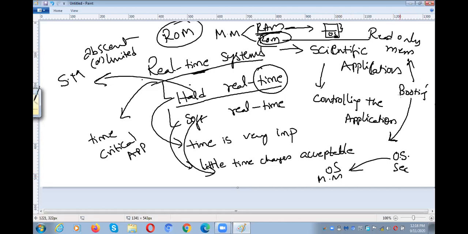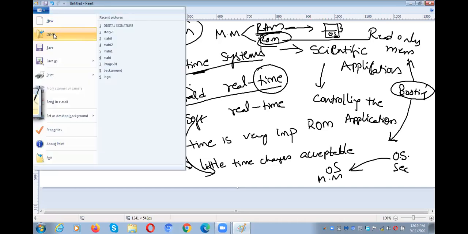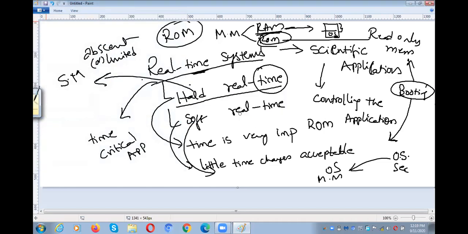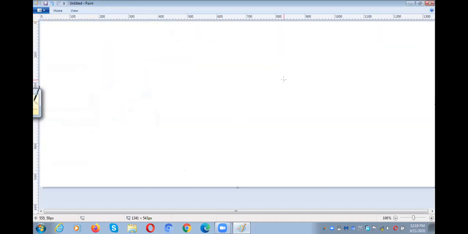So this booting program needs to be available all the time in a computer, right? That too, it needs to be available in the main memory. For example, the operating system needs to be loaded from your hard disk to main memory.